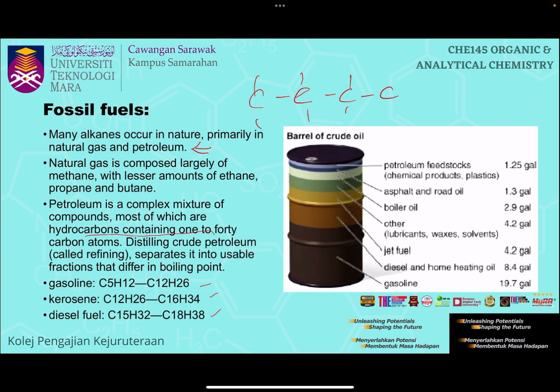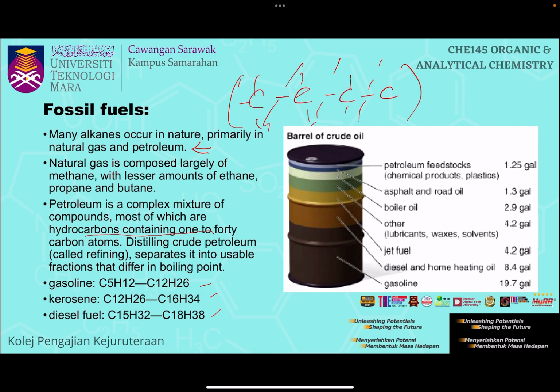When you have a long hydrocarbon chain, you need to keep cutting. When we crack it, we break the carbon chains, then we get different products. So that's why as future chemical engineers, you need to know the fundamentals of these organic compounds, because petroleum will be your main product that you have to deal with.